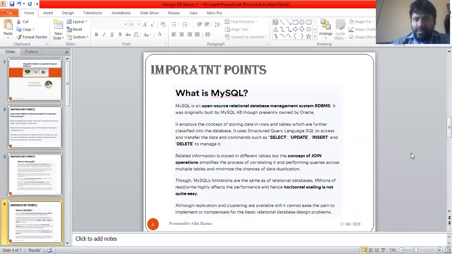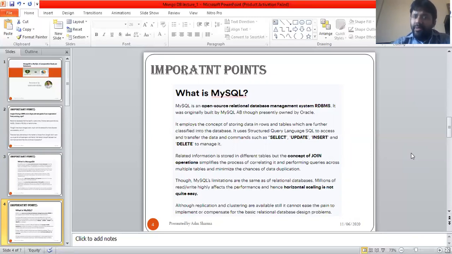We use this to manage the overall record and table structure. Related information is stored in different tables, but the join operation simplifies correlating it and performing queries across multiple tables, and minimizes the chance of data duplication or redundancy.